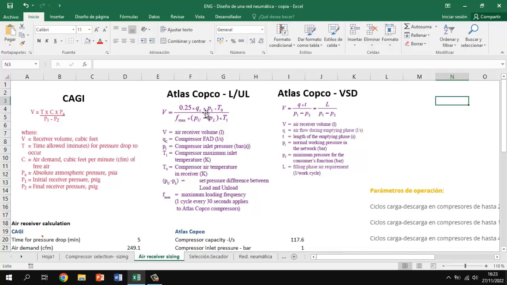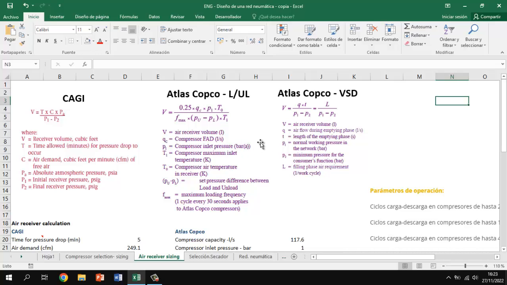Then we have the Atlas Copco equation. If you need to know your air receiver volume, you need to know your air demand of the compressor, in this case the same, QC.